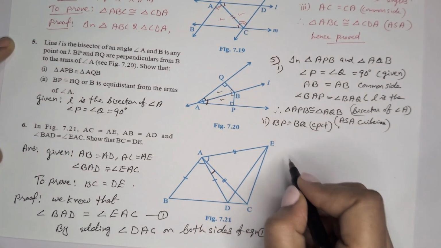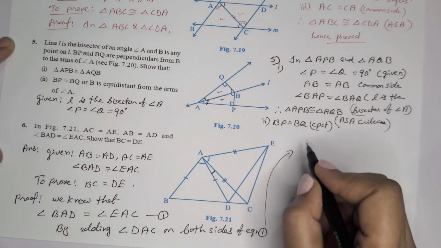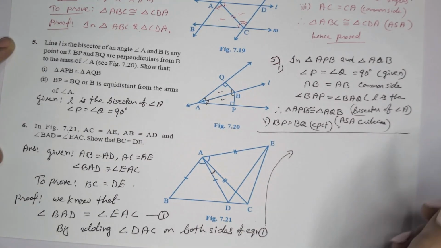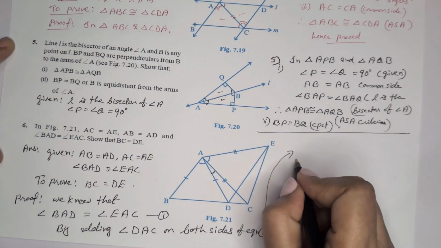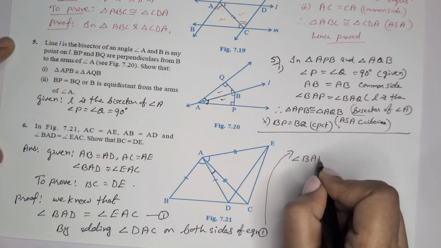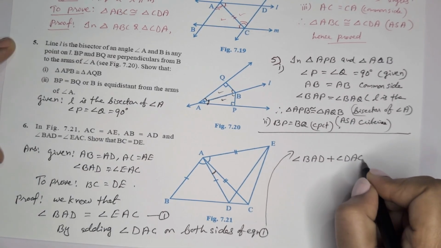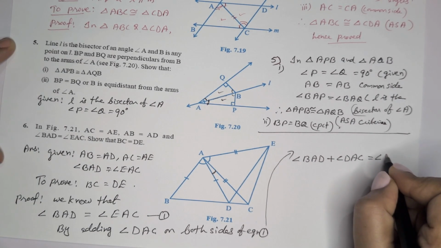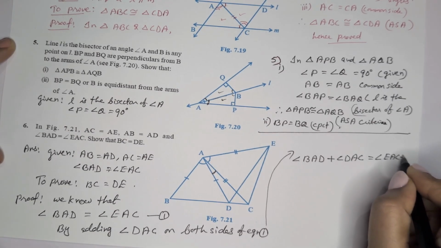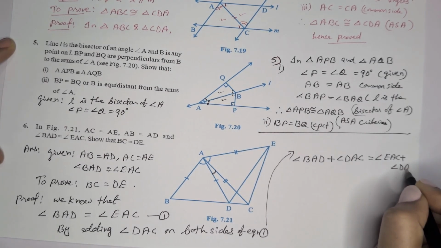Then we will get angle BAD plus angle DAC is equal to angle EAC plus angle DAC.